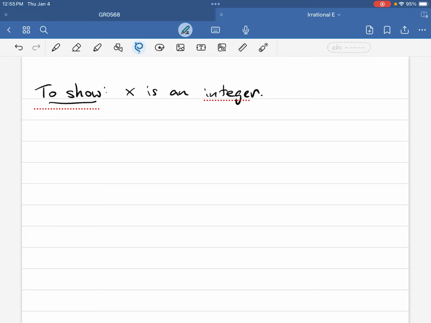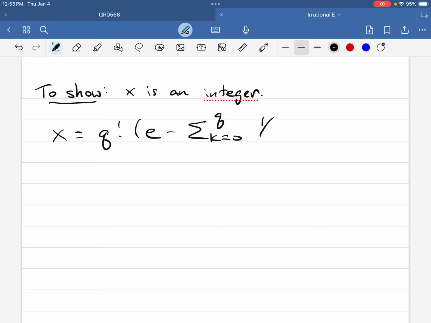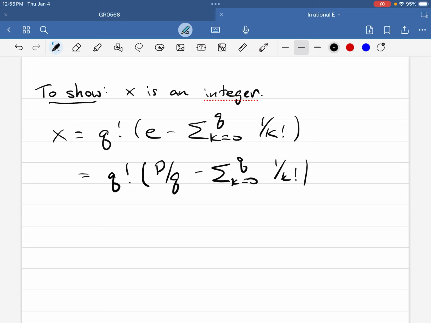Now we want to show that x is an integer. To see this, let's first write x, just using the formula we had before. So this was just our definition of x. And now remember that we assumed that e was p over q. And if we expand this out, we get this expression.